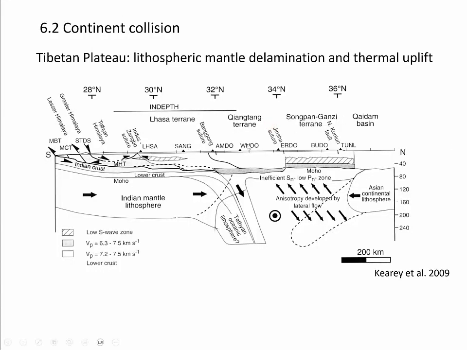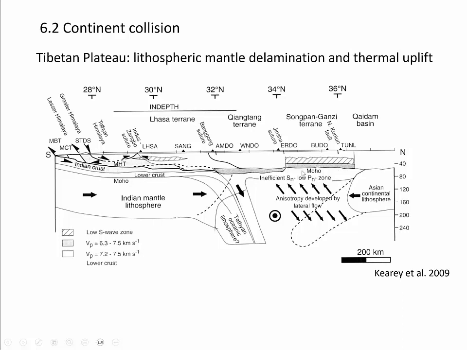The Tibet Plateau is positioned in the area of the Qiangtang and the Songpan-Ganzi terrain. We don't see it here on this non-exaggerated cross-section, but this is where we find the Tibet Plateau. And when we look underneath, we see that a part of the continental lithospheric mantle has separated from its upper continuation and from the crust under Tibet.